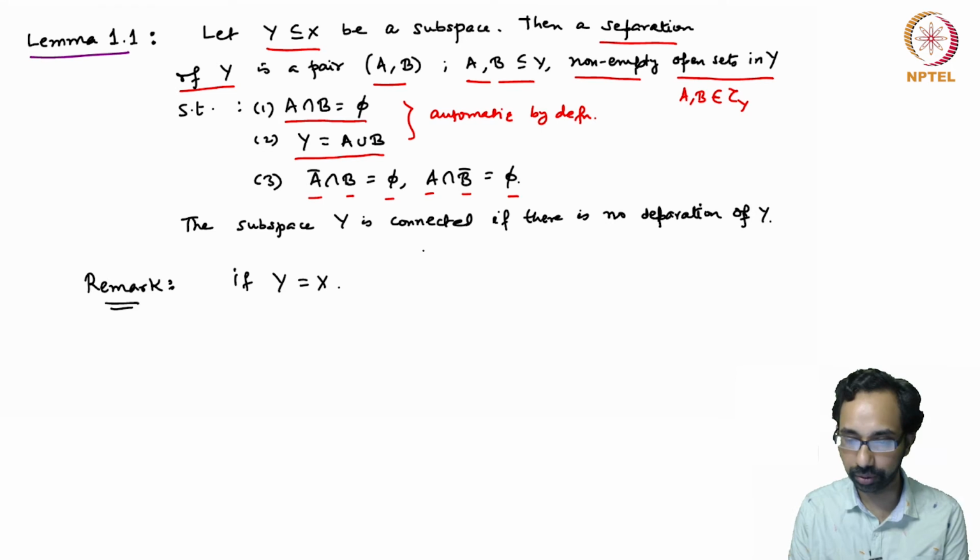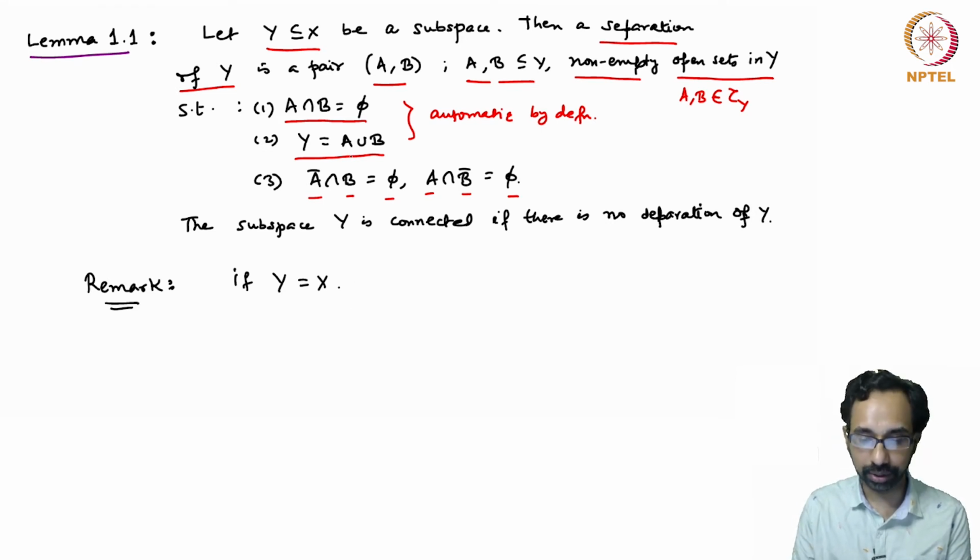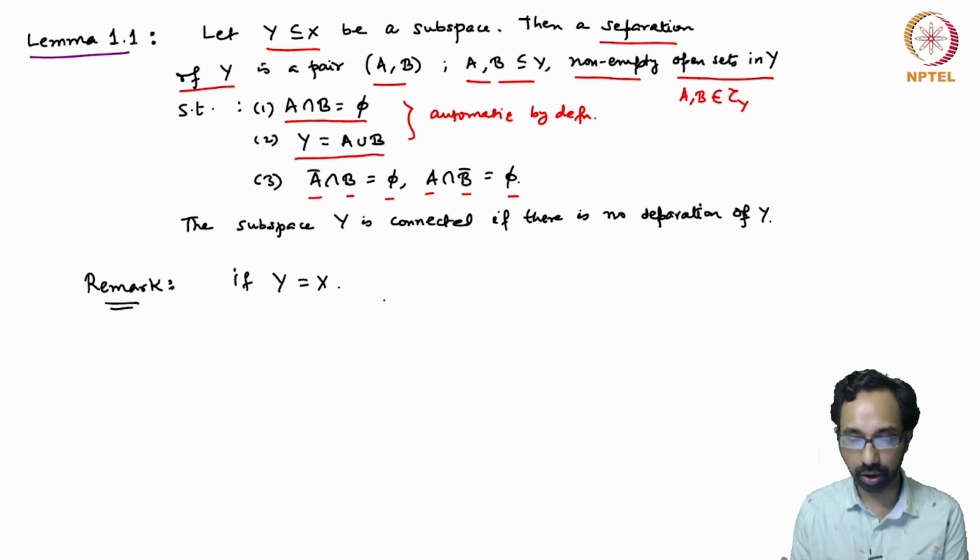If you take a separation of X, then we have seen that A and B are open disjoint sets which are non-empty, and their union is X, so they are a separation.